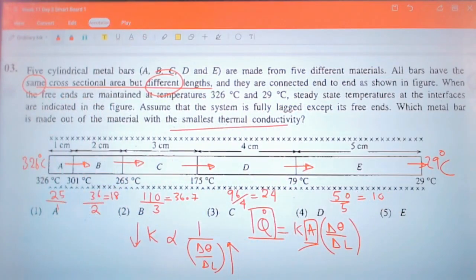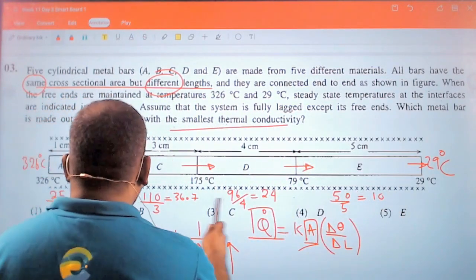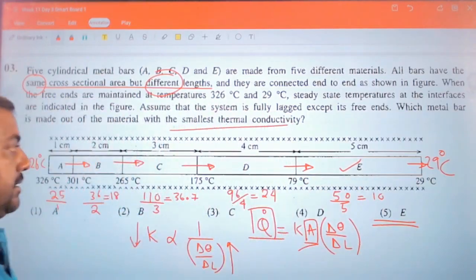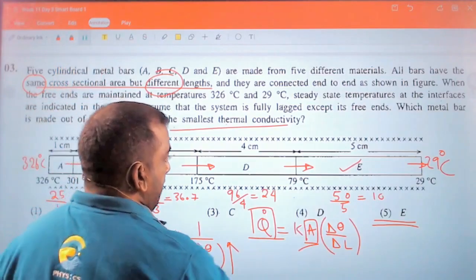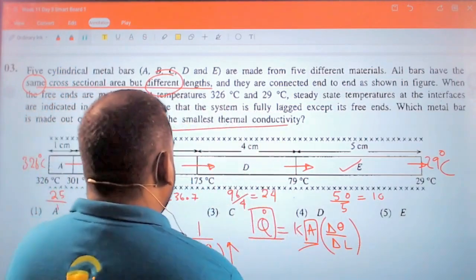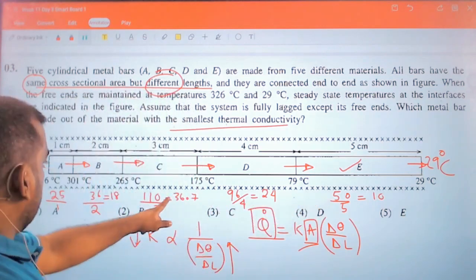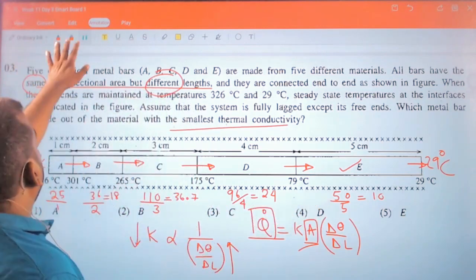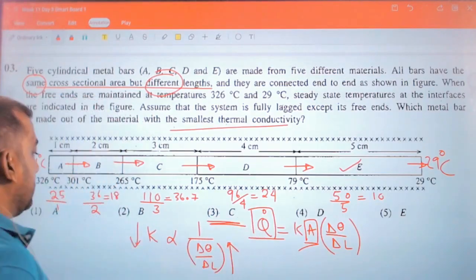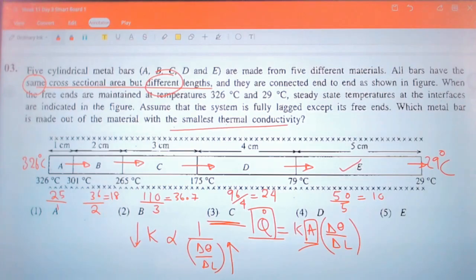Lowest temperature gradient is in E. Oh wait, greatest temperature gradient. I'm sorry. The greatest temperature gradient is in C. So the smallest thermal conductivity is in C. So question number 3, answer is 3.